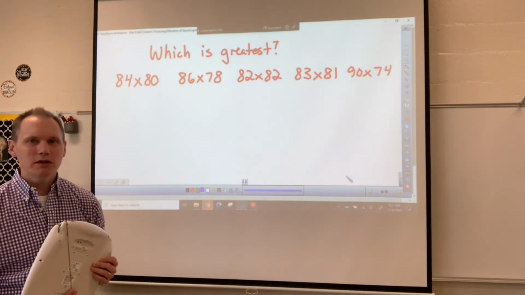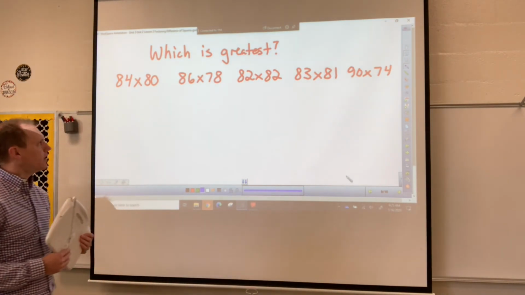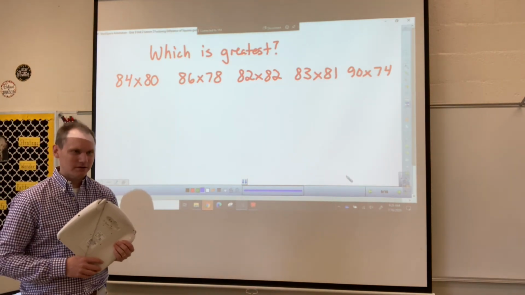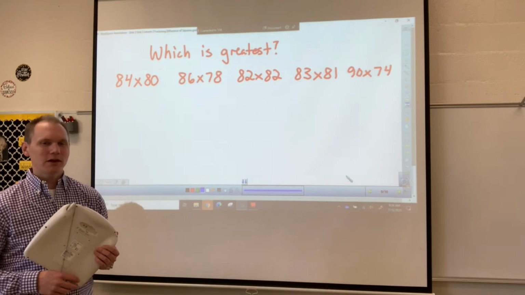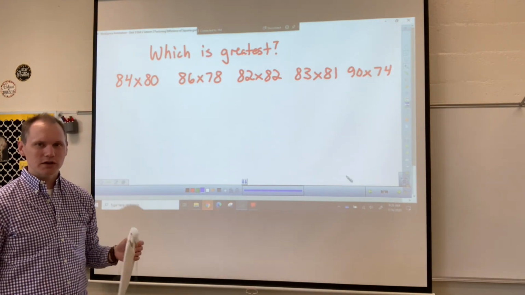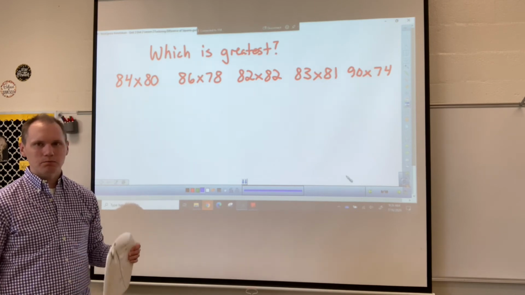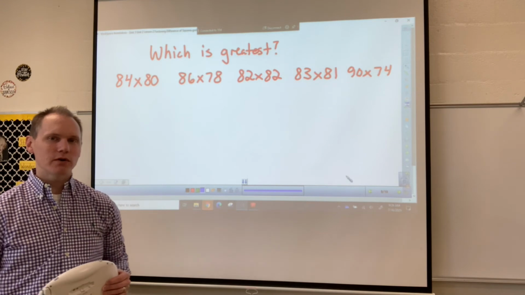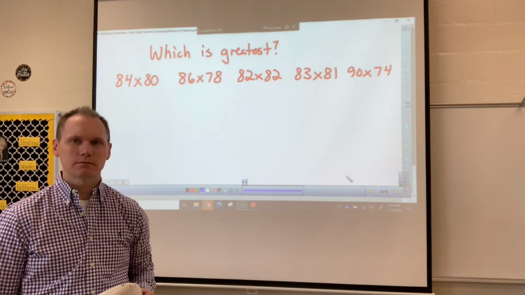Which of these 5 products is greatest? Take a minute, see if you can figure out which is greatest without using a calculator, without multiplying these out using the algorithm.